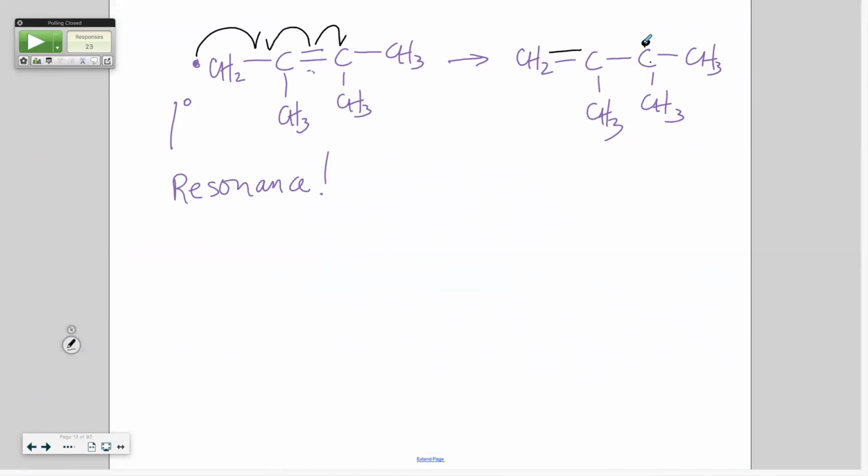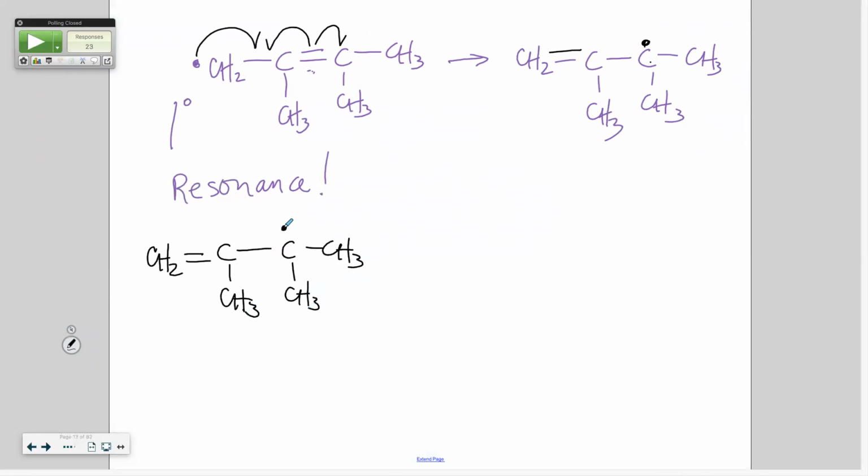And what can you tell me about this carbon over here? See that? Do you see that that free radical is different than this one? That's how you get another product. I guess I switched to black for the second product.